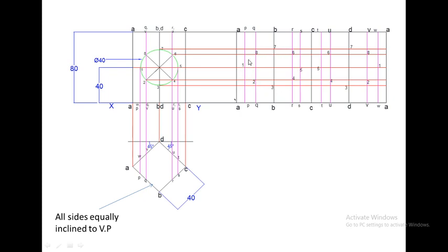The reason is that in the previous sum, the hole which was given inside the pyramid or prism was a square hole, and since the hole is a square hole, its faces will be a plane surface. But in this case, the hole is a circular hole, or you can say it is cylindrical in shape, and the surface of a cylinder is a curved surface. So while joining these points, they have to be joined with the help of a curve and not straight lines.